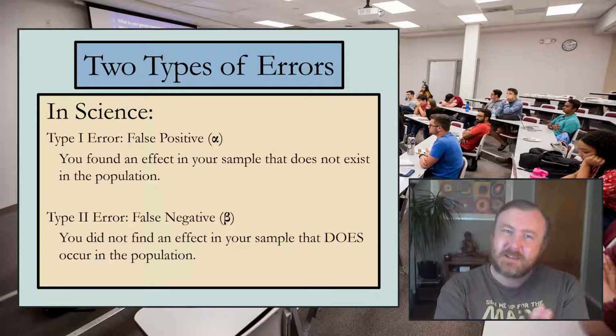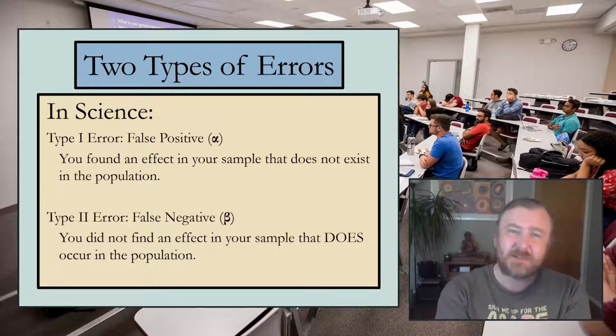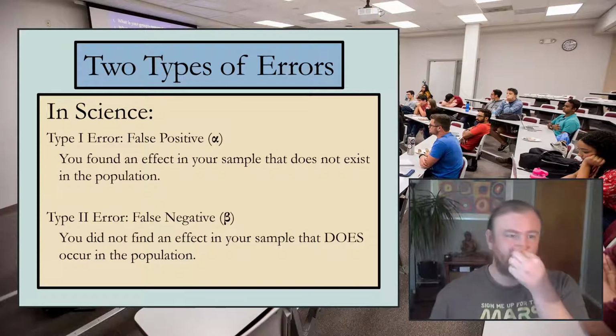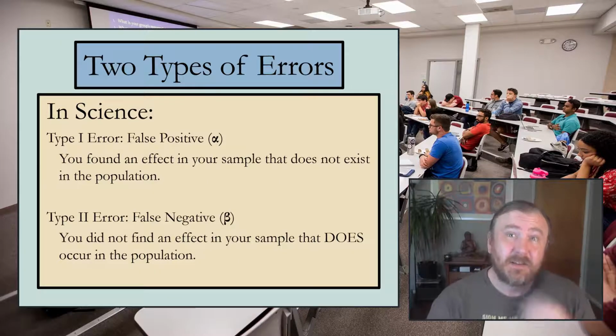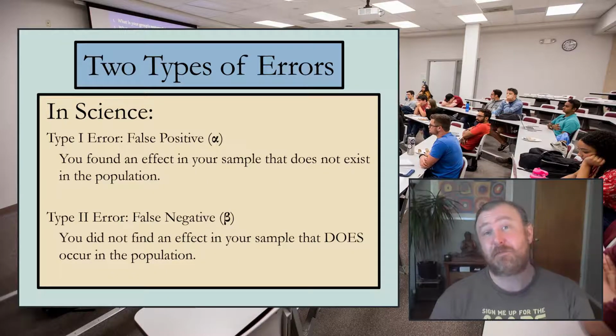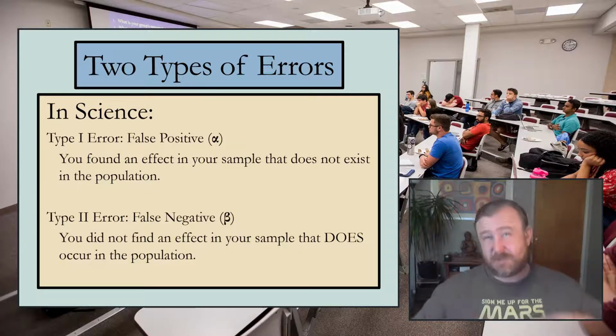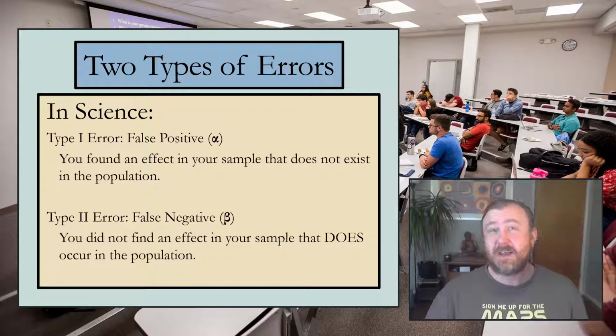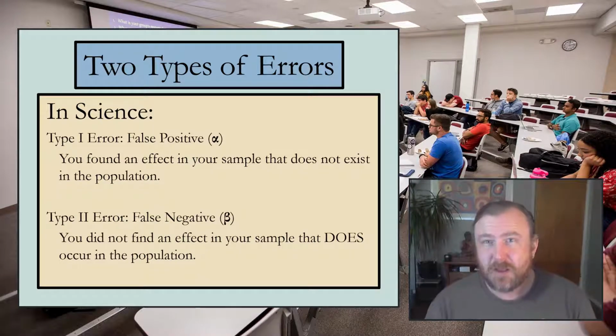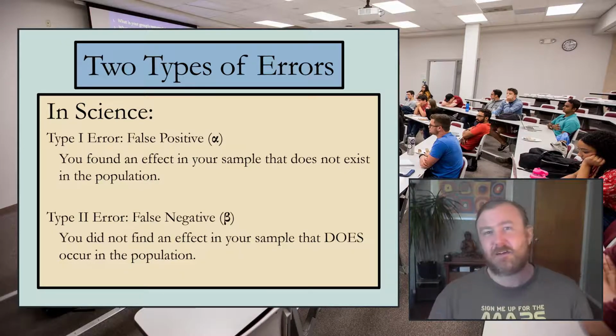So we have to estimate what is that criterion. In science, the default alpha value that is acceptable to state that you have sufficient evidence for a finding is 0.05. But that can vary, right?